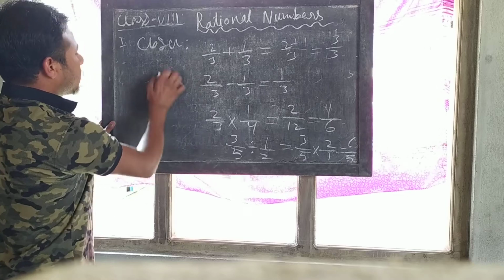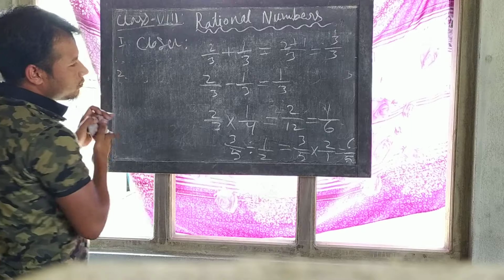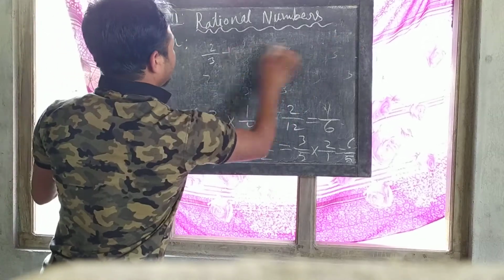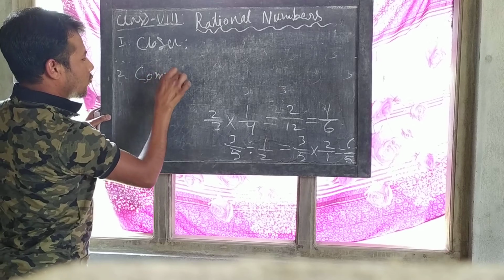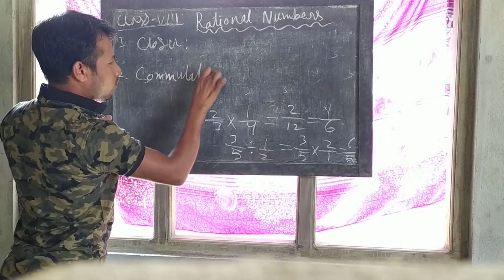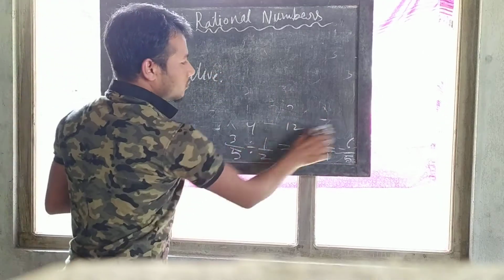Now see next property, commutative. Commutative property.